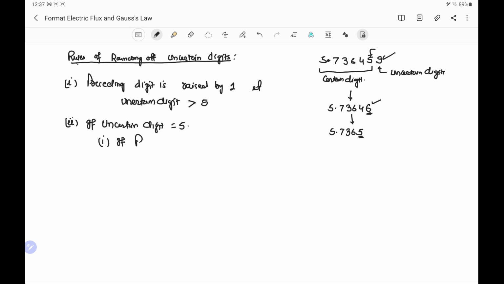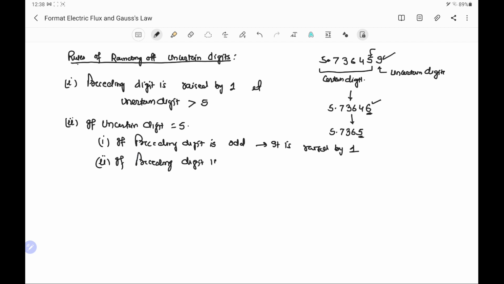If the preceding digit, that means the digit before the uncertain digit, is odd, then it is raised by 1 or increased by 1. Similarly, if the preceding digit is even, in that case it remains unchanged.